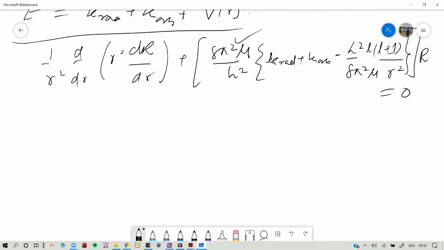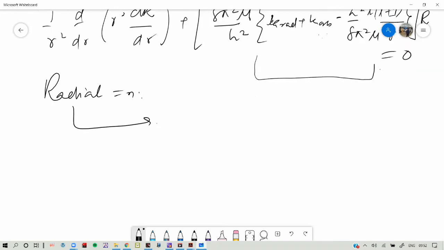Now, since it is a radial equation, we will not consider the orbital part of the kinetic energy. This is possible only if the last two terms, this K orbital plus this, cancel each other. What I mean to say is that the radial equation must be free from the orbital part, or orbital kinetic energy.